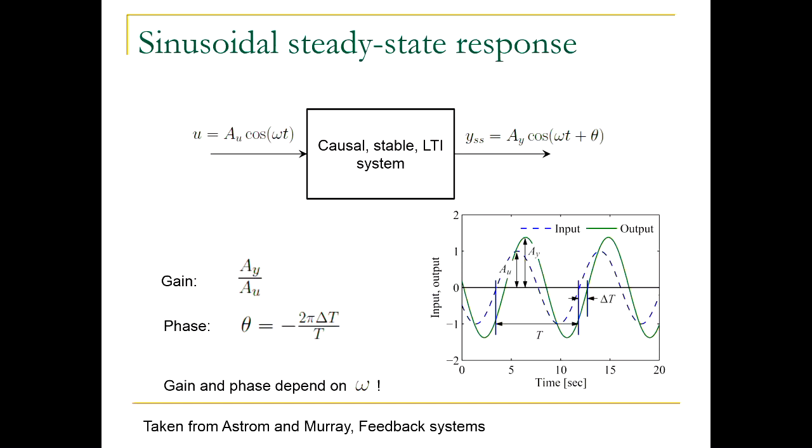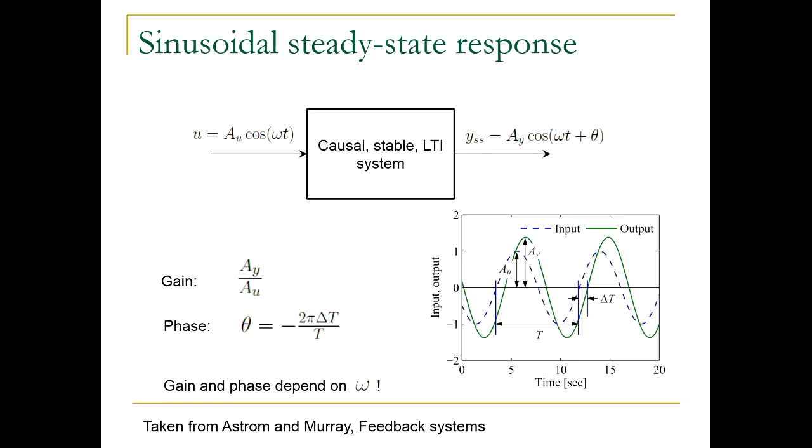No? By the way, one important thing is that you can determine this gain and phase for any given frequency experimentally. So how would that work? You apply a sinusoid of a certain frequency at the input, and then you wait until the transients have died out, and then you record the steady state.